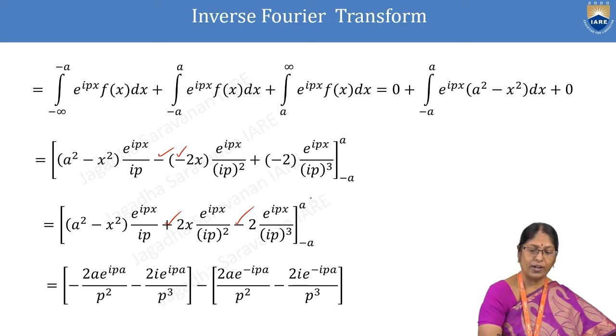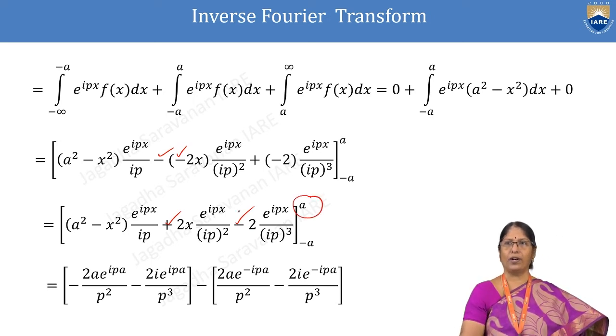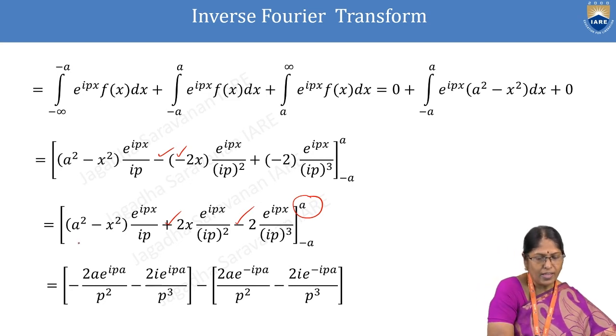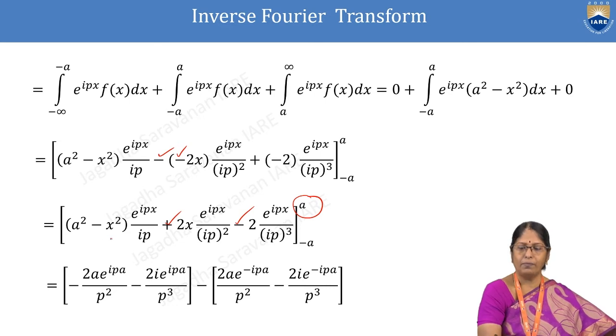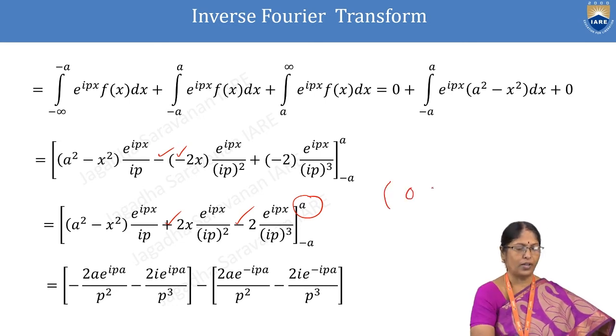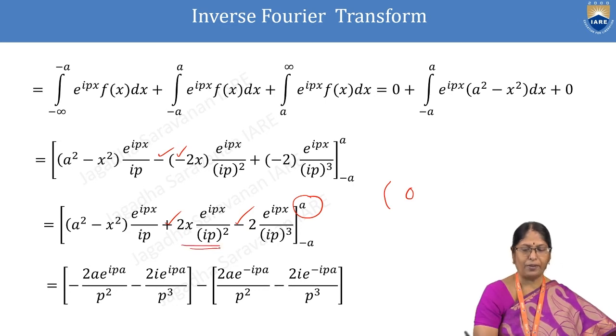Now first we will apply the upper limit. The upper limit value is a. So in this place, first a square minus a square has become 0. Next, here we are going to apply.